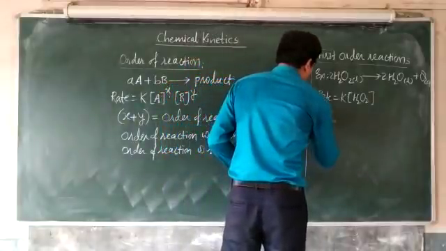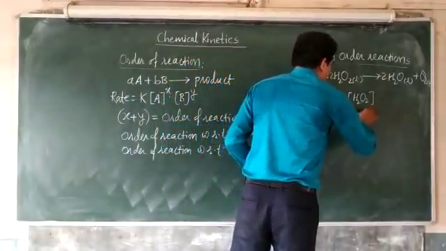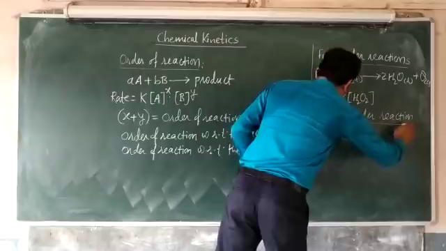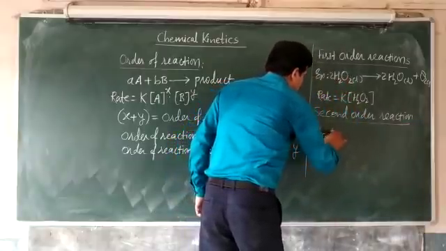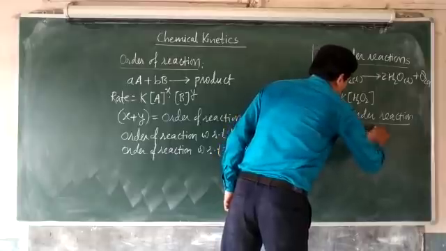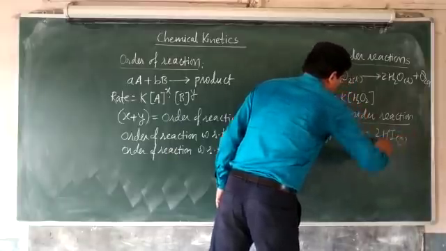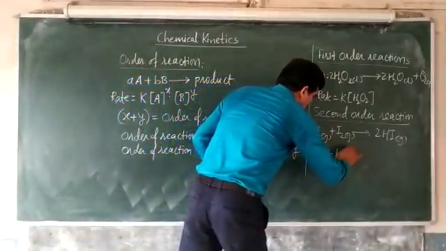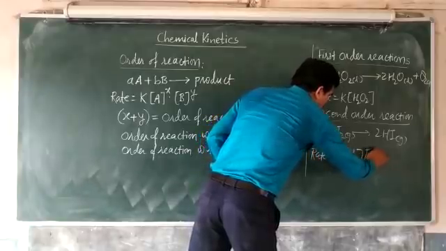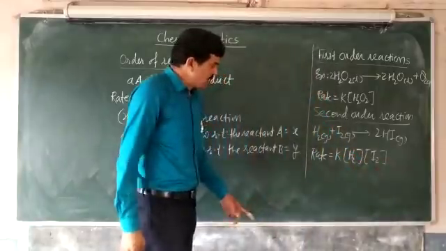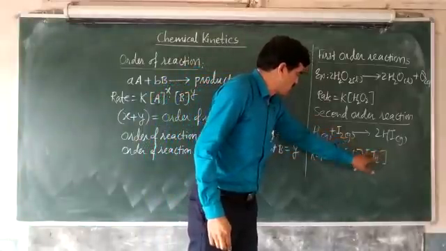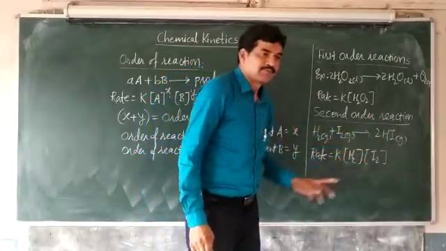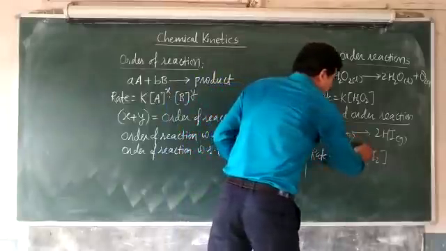So here, second order reaction. We can take the example of second order reaction. Hydrogen gas reacts with gaseous iodine to form HI gas. Experimentally, it is found that the rate law is rate equal to k into molar concentration of H2 into molar concentration of I2. So here each concentration term is raised to power 1.